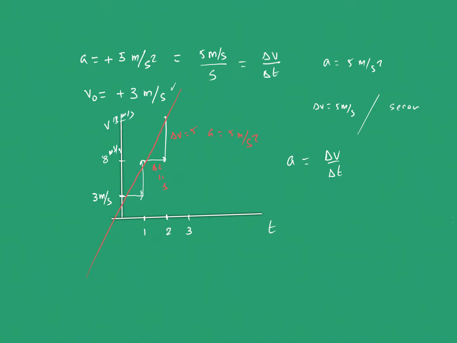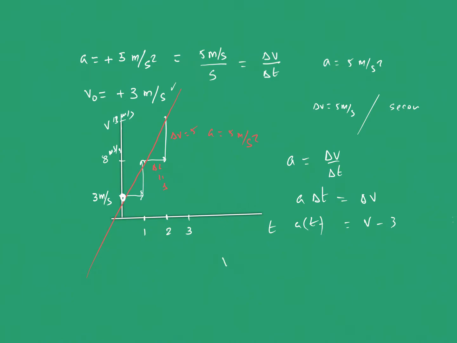So you will write a times delta t equal delta v, and you will say, okay, this is my starting point. So v final minus v initial, 3, equal a times delta t, t final minus t initial. What is t initial? 0. So I will not put the 0. t minus 0 is t.